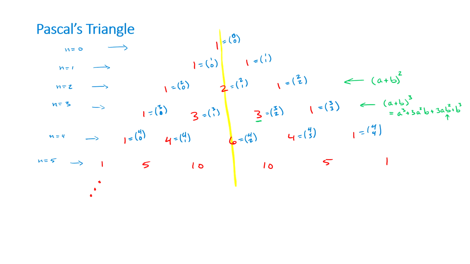Now notice something else about our n choose k, or our factorials: for any entry in this triangle, your entry is the sum of the two numbers above it in the actual triangle.